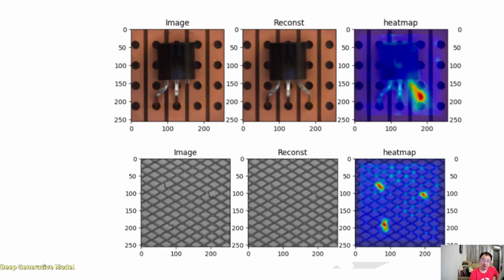For example, this is some of our research on using a diffusion model to do anomaly detection. Basically, we are training on normal samples. This one is actually using a diffusion model, but the idea is the same, so let's just call it an autoencoder.